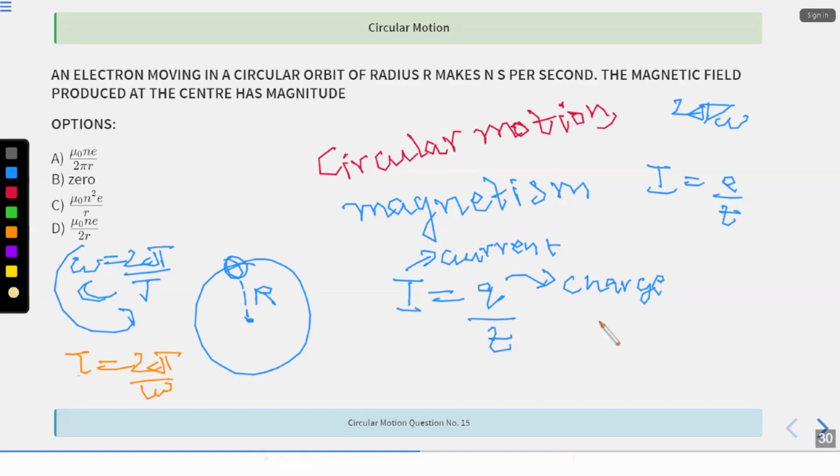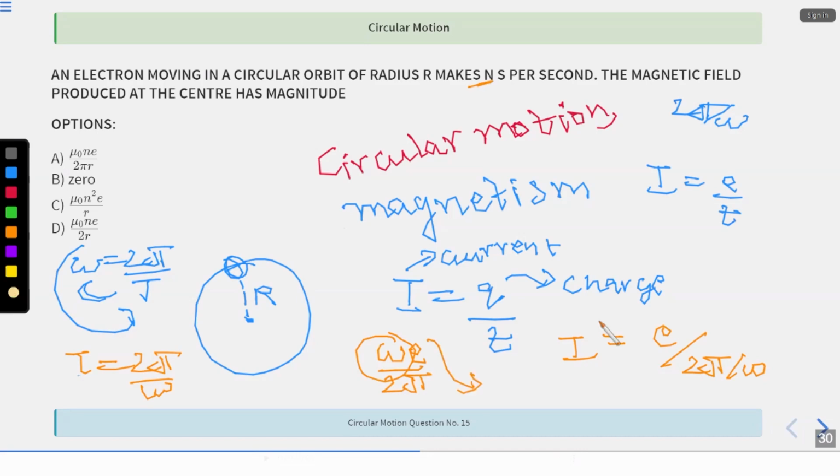And therefore I'll write it as I is equal to e by 2 pi by omega. And then I can still write it as omega e by 2 pi. But we've been given that it has made n revolutions.